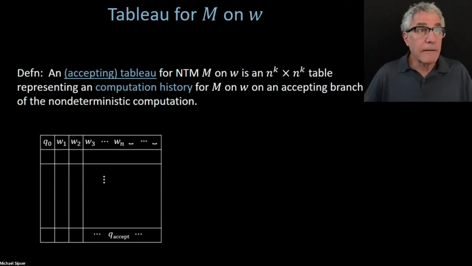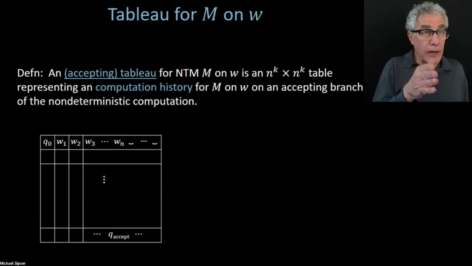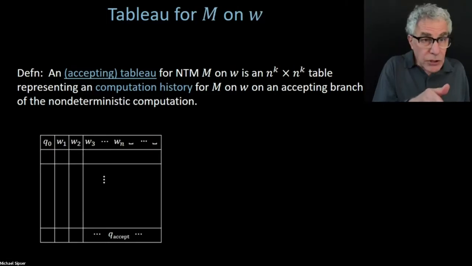So instead of an accepting computation or a computation history, we're going to call the object a tableau, or sometimes an accepting tableau if you want to emphasize the accepting nature of it. But generally, we're just going to call it a tableau. So a tableau is really an accepting computation history for the machine on an accepting branch of its non-deterministic computation.